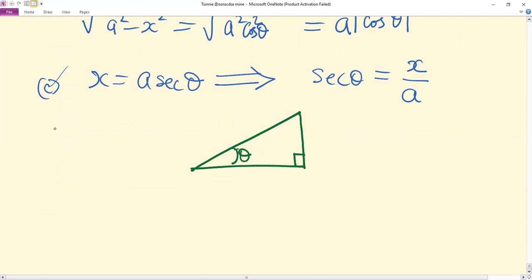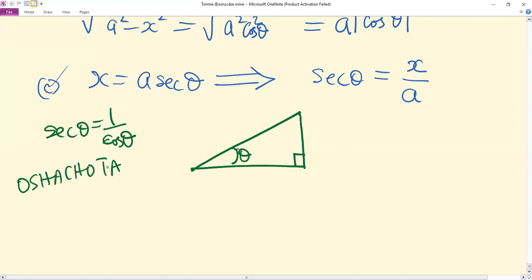Sec theta is 1 over cosine of theta. Now from SOH CAH TOA, since cosine is adjacent over hypotenuse, sec, which is the reciprocal, will be hypotenuse over adjacent. So this will be x, the adjacent is a, and this will be the square root of x squared minus a squared.